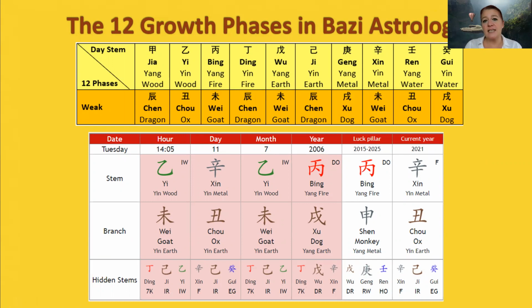If it appears in the year pillar, so if it appears, let me just mark that out here. If it appears here in the year, then this means that we are likely dealing with an individual who is a little bit introvert and needs to be careful that he or she does not get dragged down in life by other people or by other people's problems.